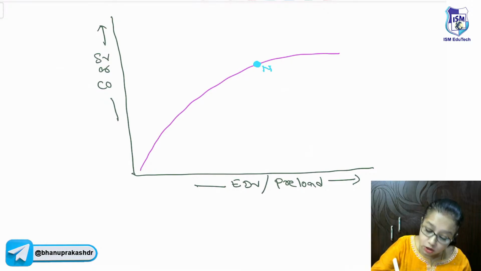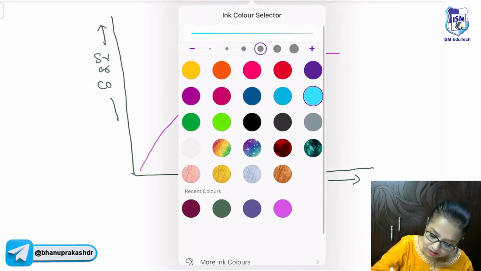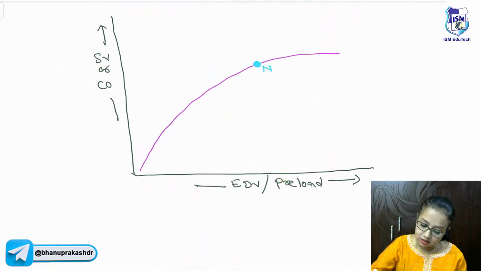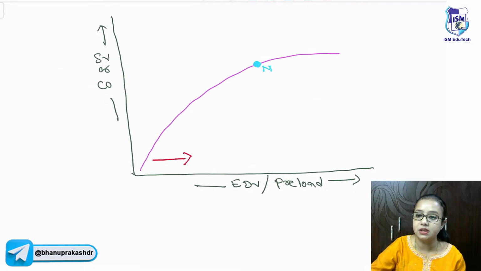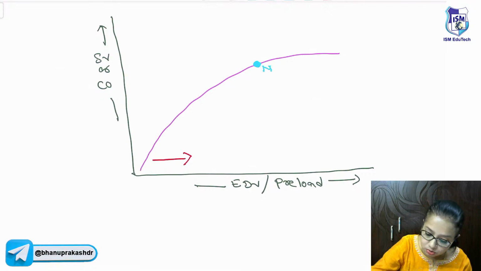Now, if we alter the situation, suppose the preload is increased. There is an increase in the preload. Now, when there is increase in the preload, the same point N moves upward. Say this we name as N1.